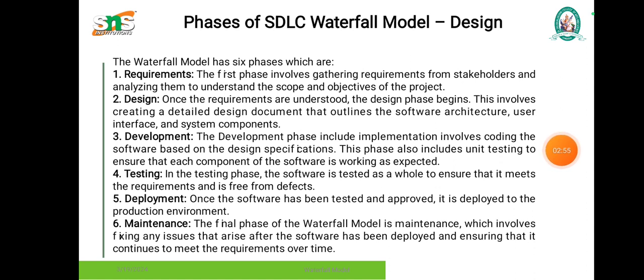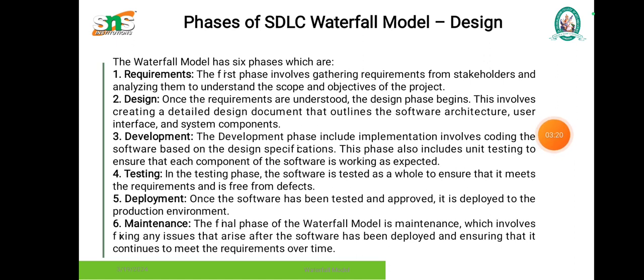And the fourth phase is testing. In this testing phase, the software is tested as a whole to ensure that it meets the requirements and is free from defects. And the fifth stage is deployment. Once the software has been tested and approved, it is deployed to the production environment.